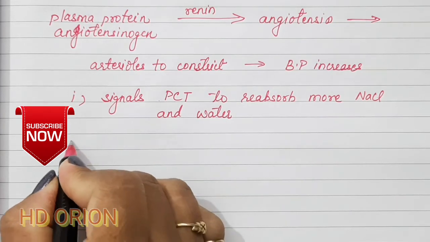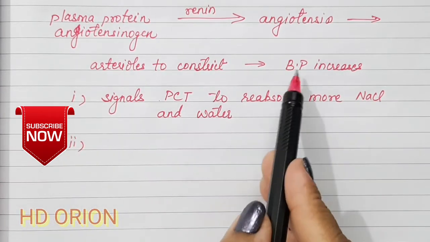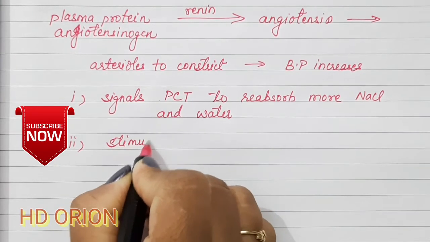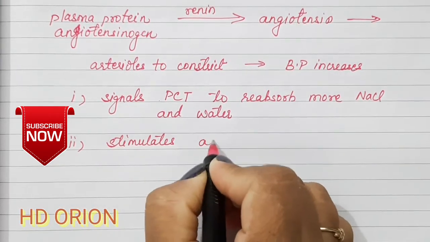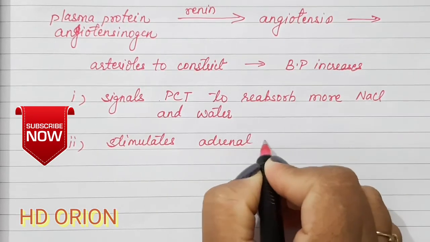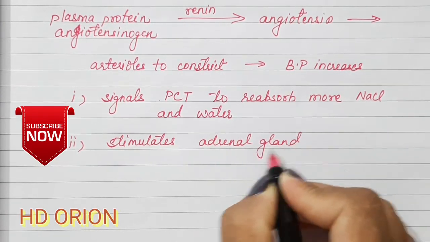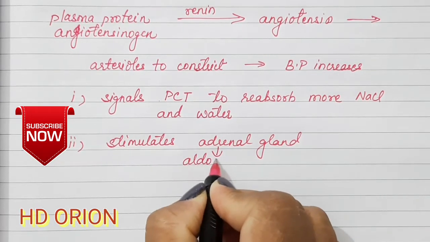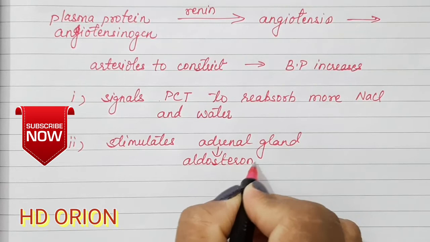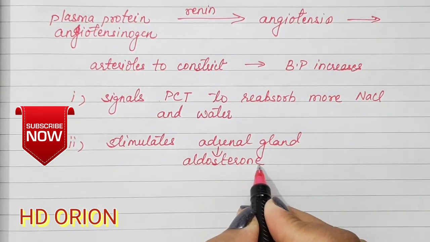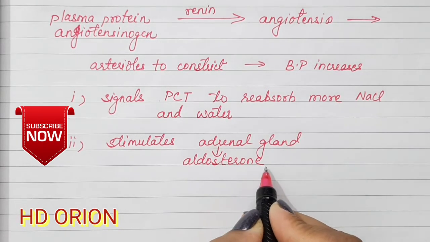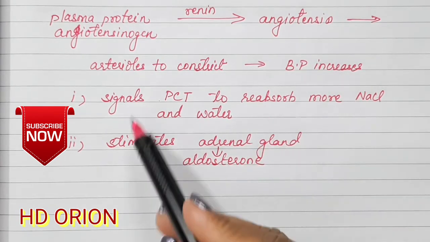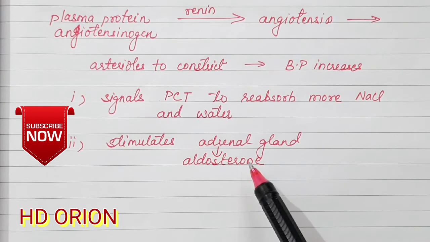The second method by which it increases the blood pressure is that it stimulates the adrenal gland. When the adrenal gland is stimulated, it releases the hormone aldosterone, and aldosterone promotes the absorption of sodium ions, and in this manner the blood pressure increases. So there is a combination of proteins and hormones together to bring this effect.